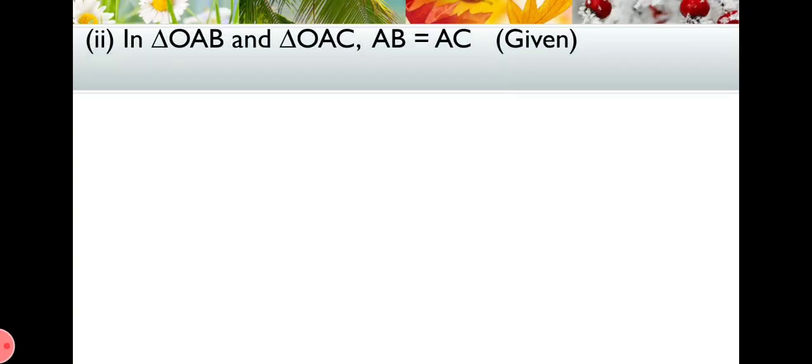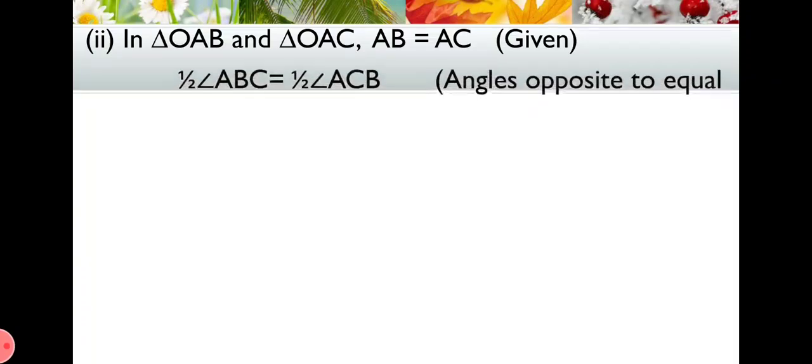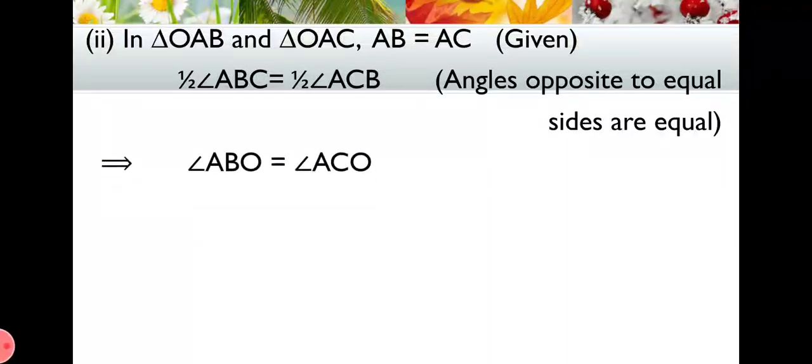Let's see the second proof. In triangle OAB and triangle OAC, AB equal to AC, given, implies that half of angle ABC equal to half of angle ACB, that is, angles opposite to equal sides are equal, implies that angle ABO equal to angle ACO and AO equal to AO. This is the common side between the two triangles.